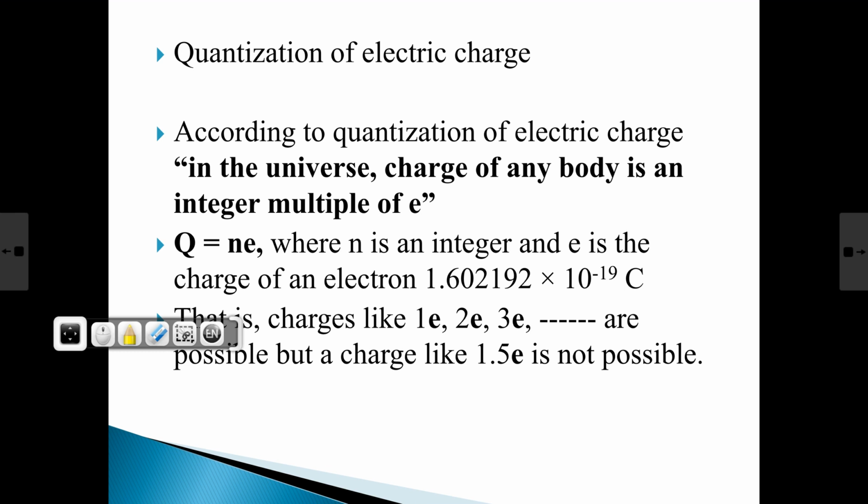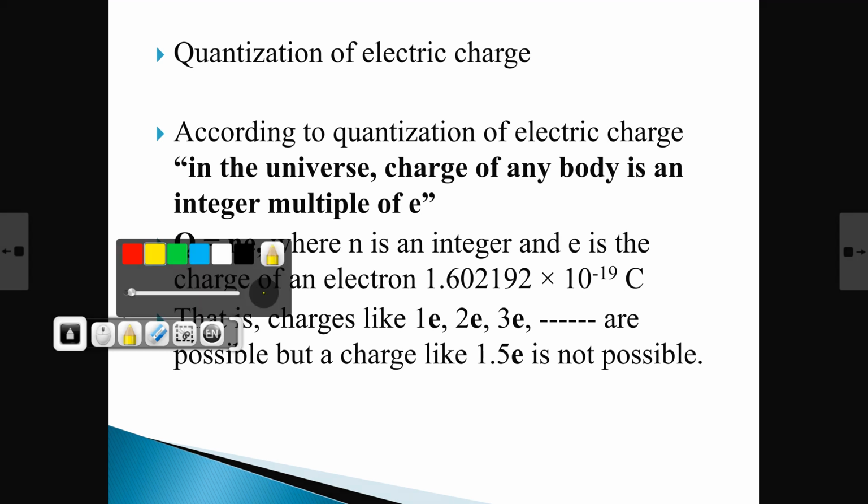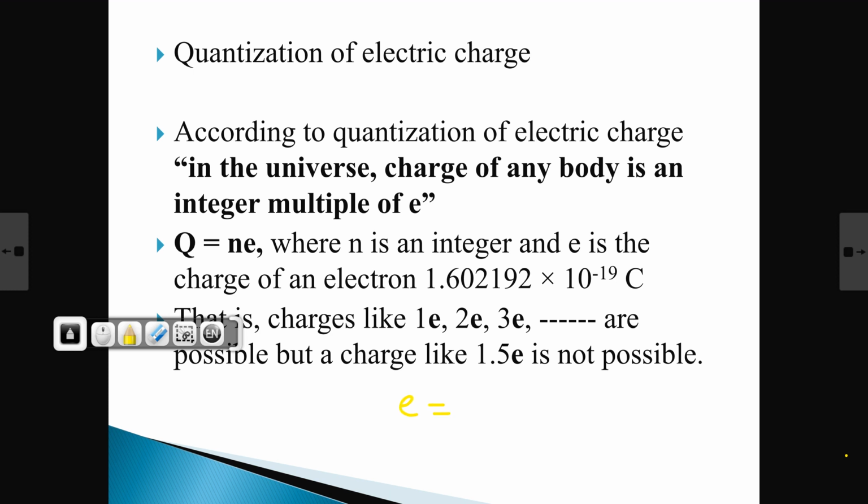What is e? e is the charge of an electron, which is 1.6 into 10 raised to minus 19 coulomb. So, by using quantization of electric charge, we can say that the charge of all bodies should be an integer multiple of e.